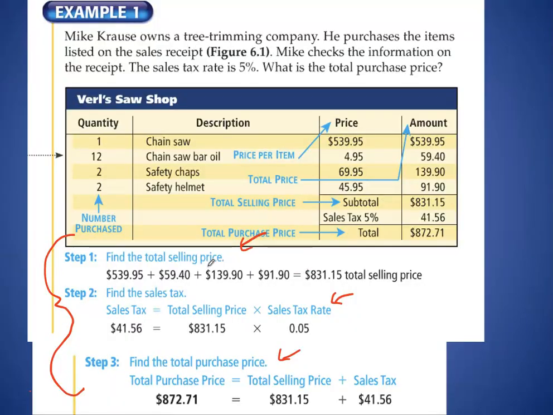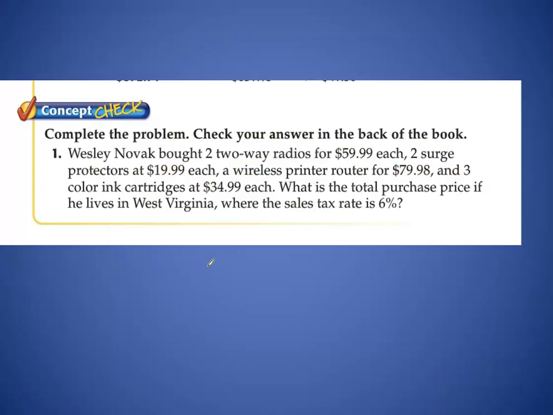If I go back, I want to find the total selling price, so I'm going to do that first. These are things that you should be writing down when you're completing these problems. It is really helpful. So 2 times $59.99 gets me $119.98.